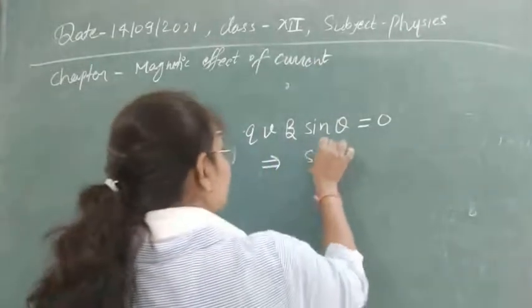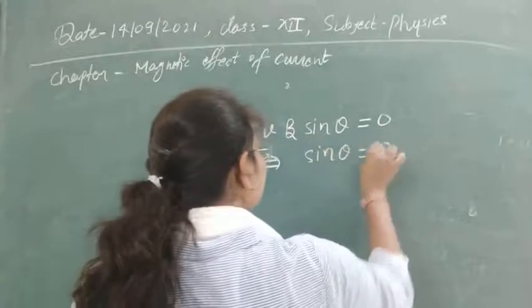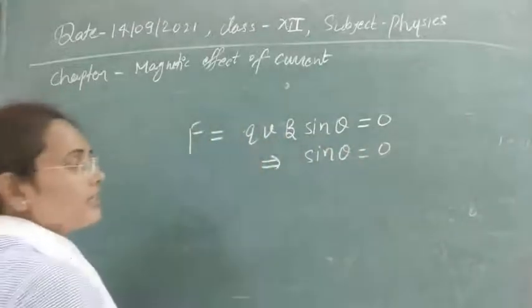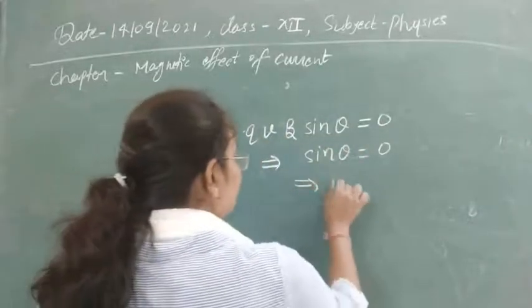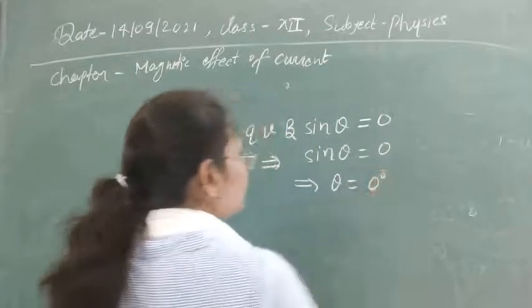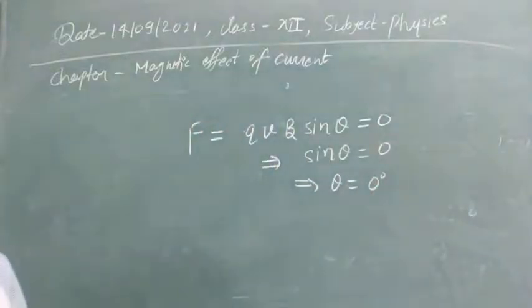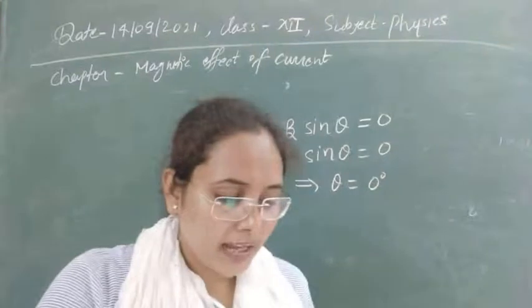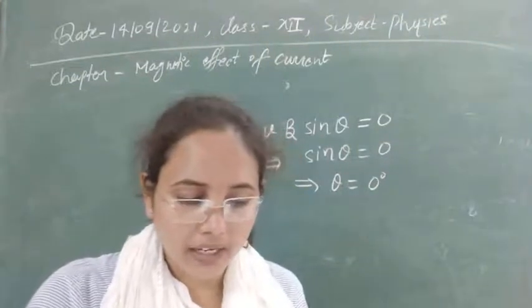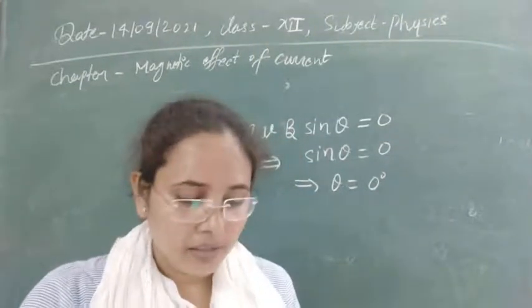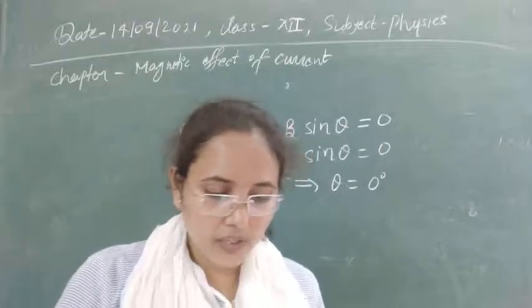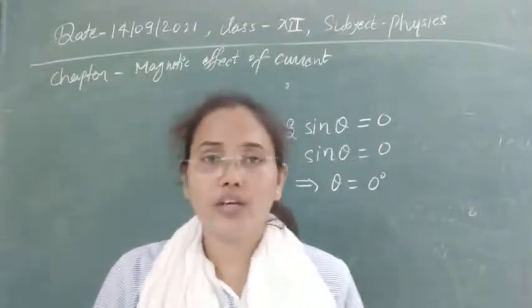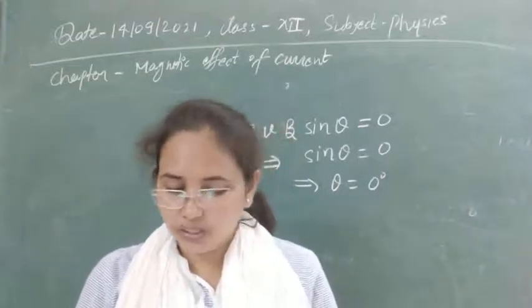So here sin theta is 0, because all the other quantities are not 0. So theta will be equal to 0. In our options: first, the angle between V and B can have any value other than 90 degree. Second, the angle can have any value other than 0 and 180.